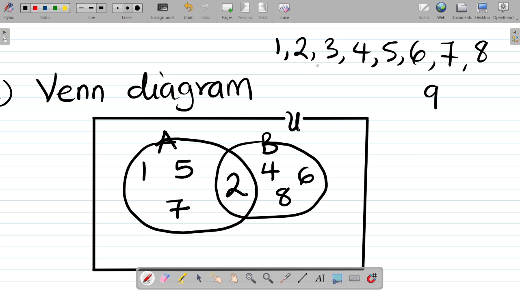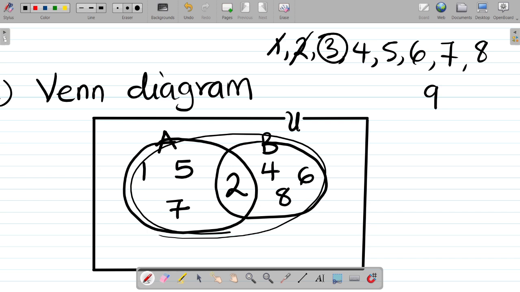So far, 1 is already placed, so 1 is gone. I can also cancel 2 because 2 is here. 3 cannot be found in this diagram so far, but since 3 is not part of A and B, you write 3 outside of them. So you can put 3 here.